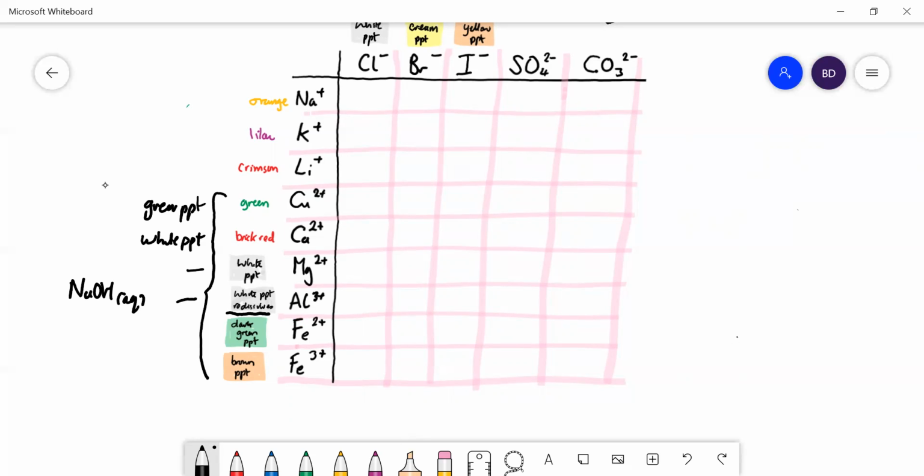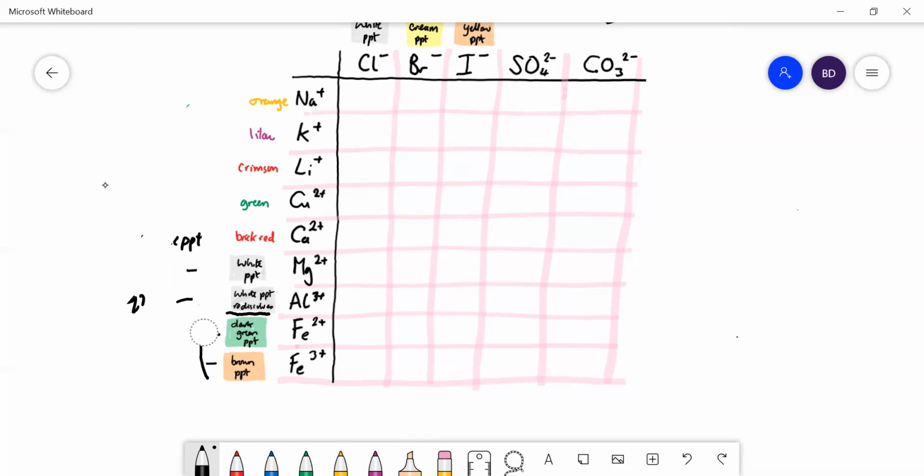So aluminium is quite easy to identify in that way. Fe2+ gives you a dark green precipitate, much darker than the color you get with copper, and iron 3 gives you a brown precipitate. So they're all quite easy to identify in that way.